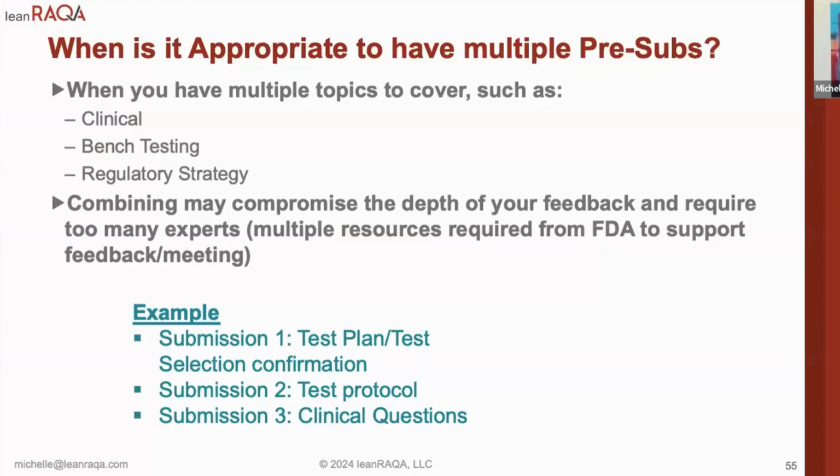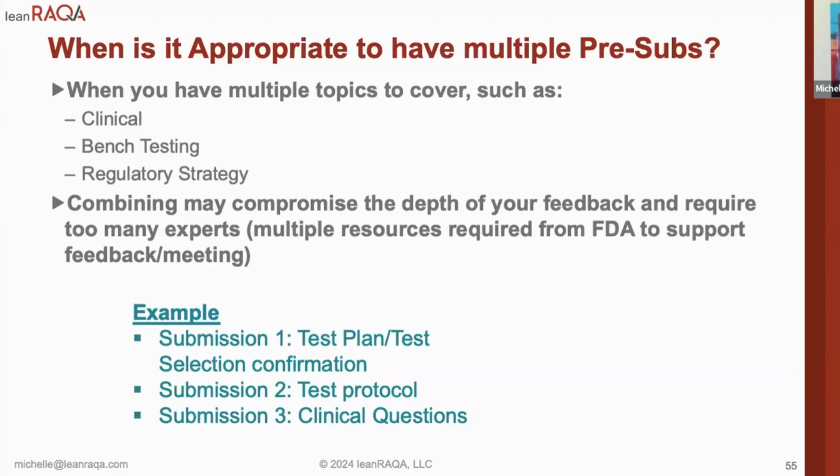So I would typically break this up where maybe I submit a test plan or my test selection confirmation and why I selected those, get FDA to concur with the test plan, and then at a later date, submit the test protocols and say, hey, remember, we've already got your buy-in with the test plan itself. Do you agree that these test methodologies and acceptance criteria are going to be appropriate to meet your needs?